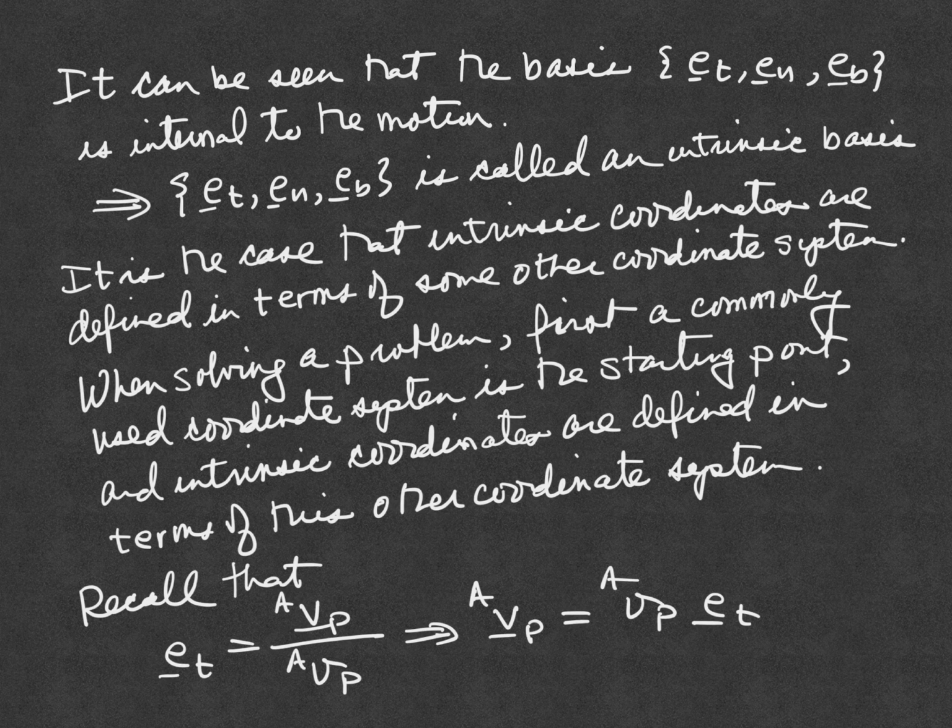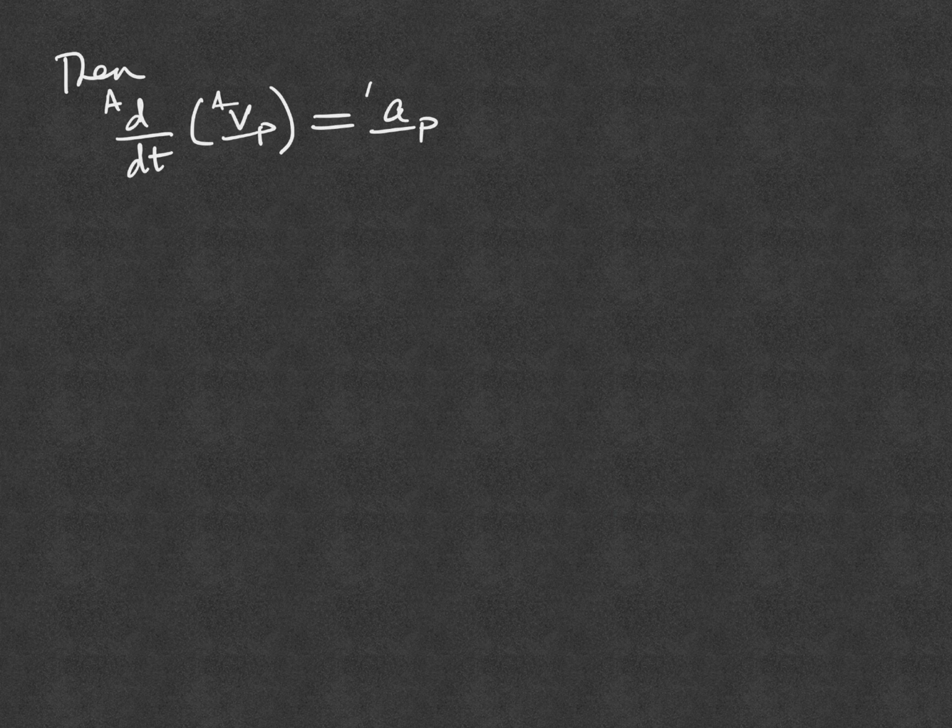So now let's differentiate this expression to get the acceleration. So then, the rate of change in frame A of the velocity of p in frame A is equal to the acceleration of p in frame A, which is now equal to the rate of change in frame A of the speed times the tangent vector. So now let's take the rate of change.